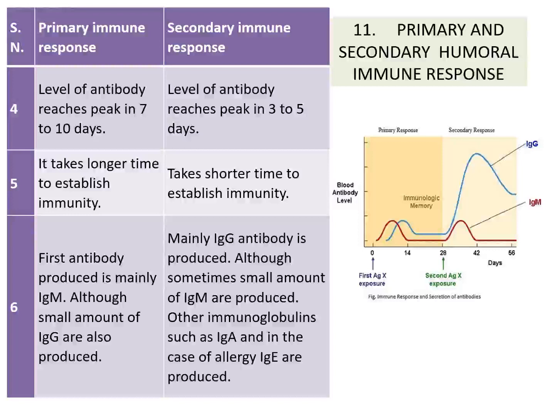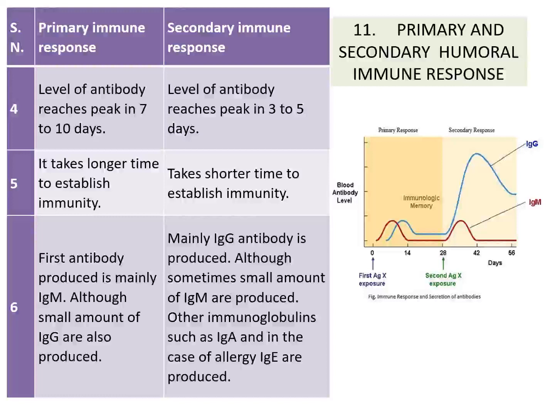In primary immune response, the first antibody produced is mainly IgM, the largest, right? Although a small amount of IgG is also produced. So in this graph, you can see that first of all the IgM, depicted by the red colored wave, is produced.